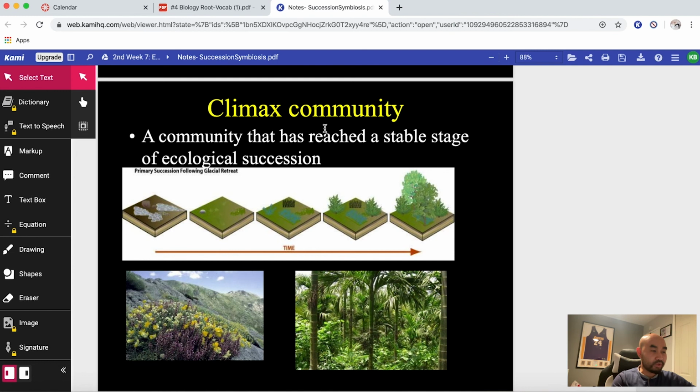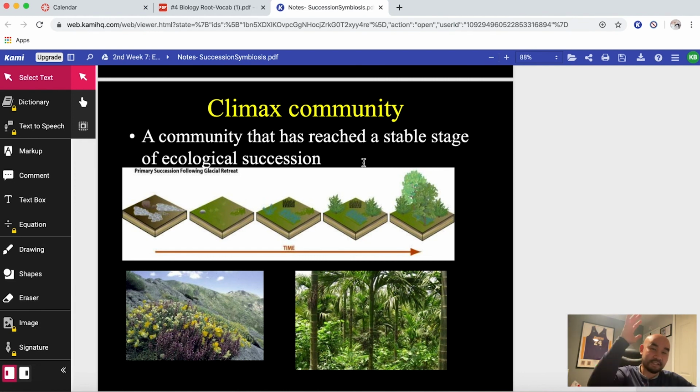The next word that we want to talk about is called climax community. So when you have succession, the environment changes, the ecosystem changes, going from low to high, you have what we call a climax community. A climax in a novel, in a book, would be like the peak of the story, right? The end, like the resolution, close to the end.